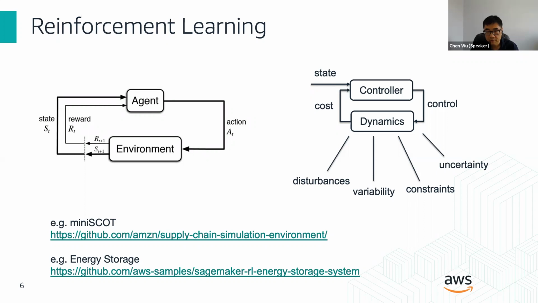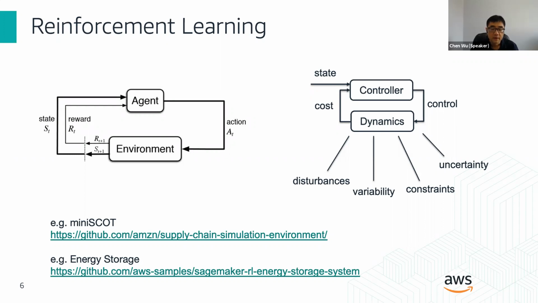And yet, from the control theory point of view, that's exactly what a good controller needs to handle. A good controller needs to produce a set of controls to the dynamics, given such disturbances and constraints, and try to achieve a long-term cost reduction, but also make sure that the system is within range, so it's controllable and stable.